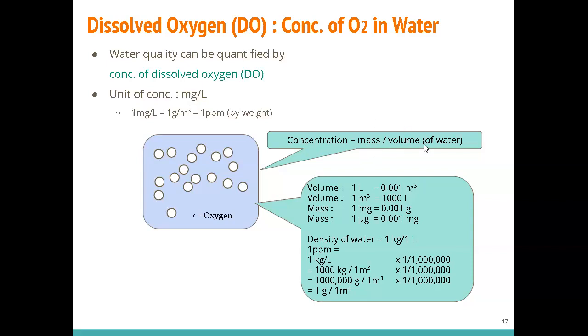Unit of mass over unit of volume of water. Okay, you have some water in here, and then you can count the mass of the oxygen. So the white dots here are supposed to be representing the dissolved oxygen. Okay, and I'm just repeating the units here. I think I talked about this in lecture 2.